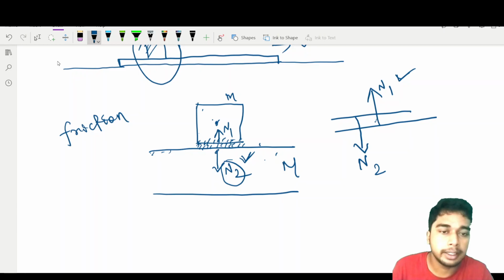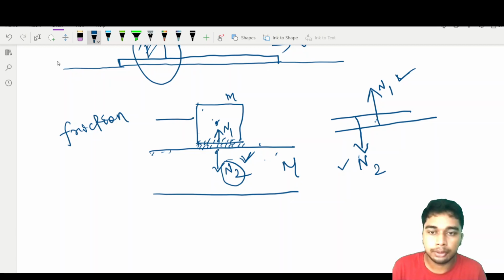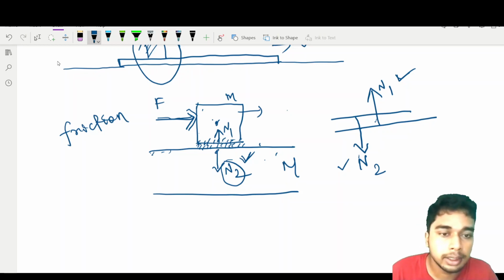Here I discussed that normal means the forces that are perpendicular to these surfaces. So, for example, if here I am considering there is a force F, so I am applying force on this body. So the body will try to move right, but there is the internal force, frictional force, that is acting in between.